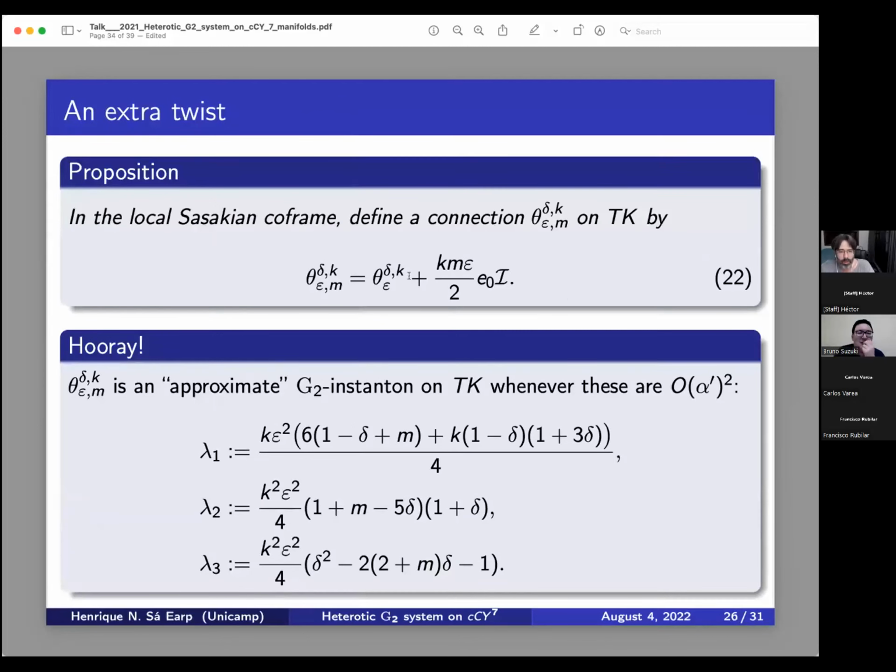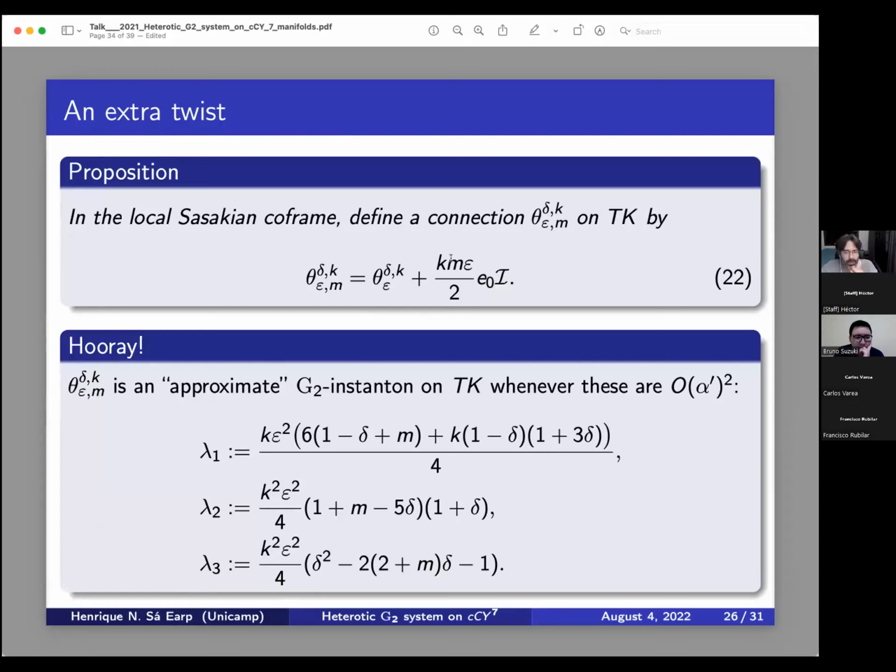So here's what we do. We take this central element in the Lie algebra and just consider the tensor product with the vertical direction. We're essentially twisting the tangent bundle by a hypothetical line bundle. That's essentially what we're doing.